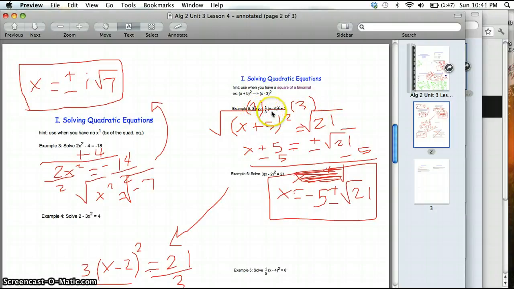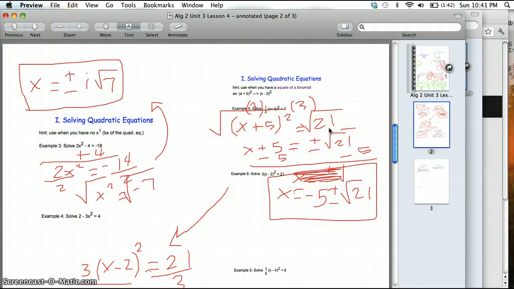And the reason why is because this states 1/3 times x plus 5 squared. So you're actually going to divide, and to divide you actually multiply by the reciprocal. So the reciprocal of 1/3 is actually 3. So I multiply both sides by 3, and I get x plus 5 squared equals the square root of 21.